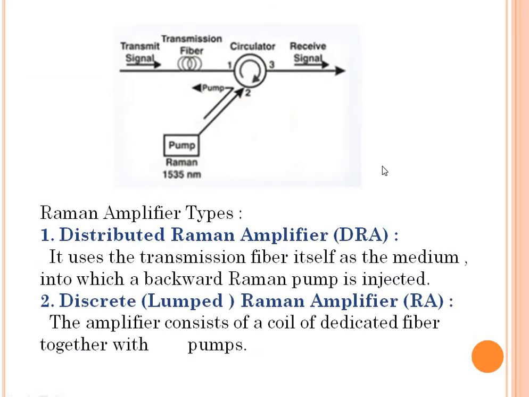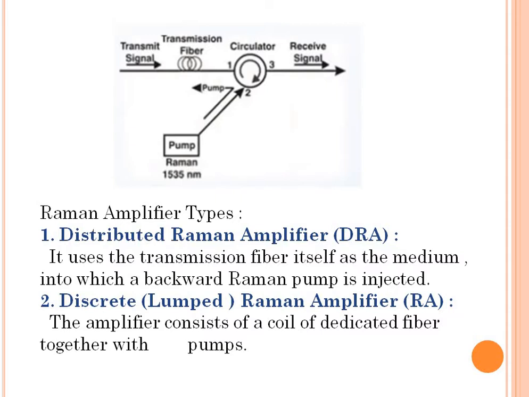There are two types of Raman amplifiers. The first is the distributed Raman amplifier and the second is the discrete or lumped Raman amplifier. In a distributed Raman amplifier, the optical fiber link itself is used as the amplification medium.